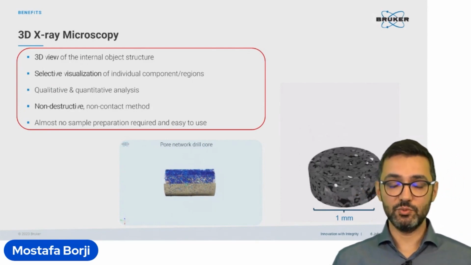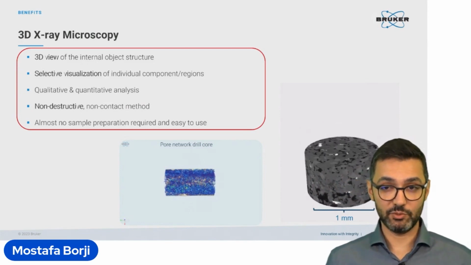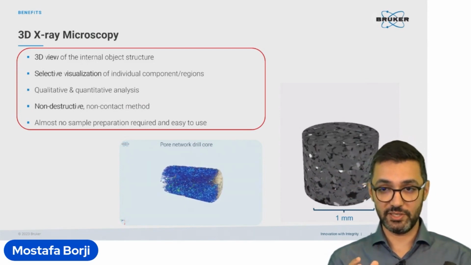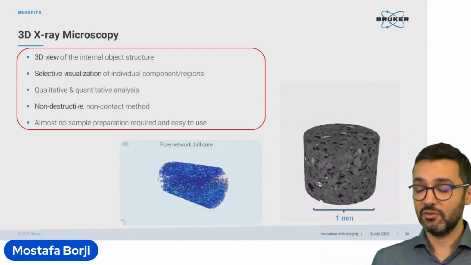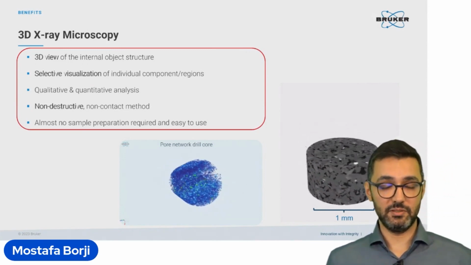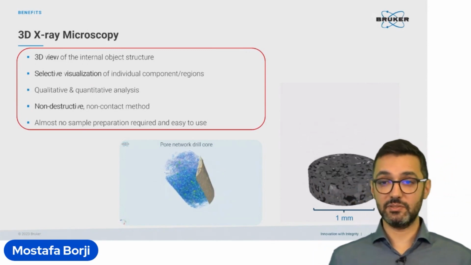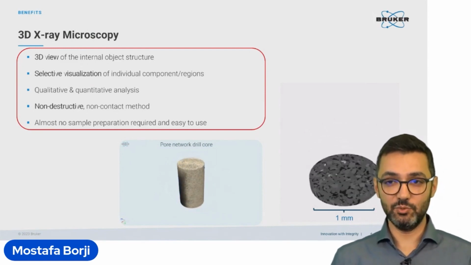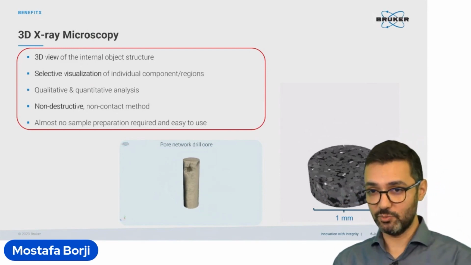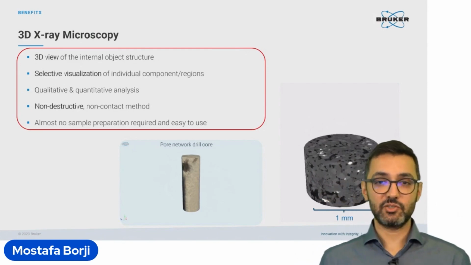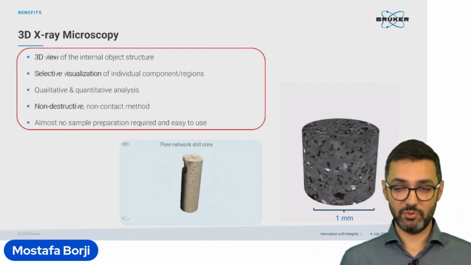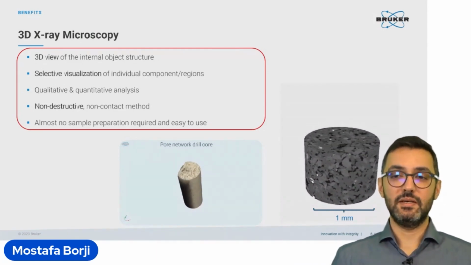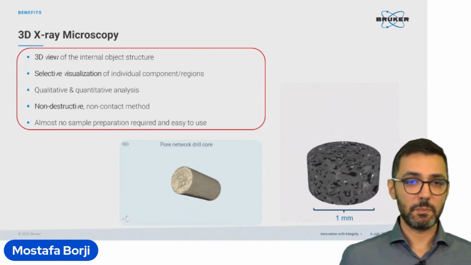We don't need to destroy our samples in order to see the internal structure, and this can be very useful, for example, for irreplaceable samples like fossils or ancient artifacts that we cannot really destroy to see what is happening inside. X-ray microscopy gives us the possibility to investigate such samples.